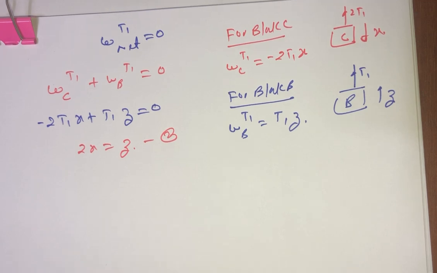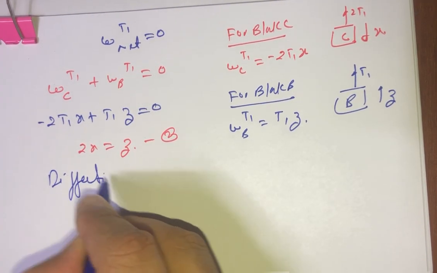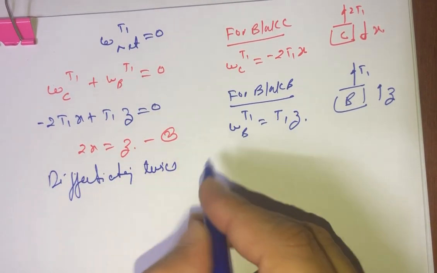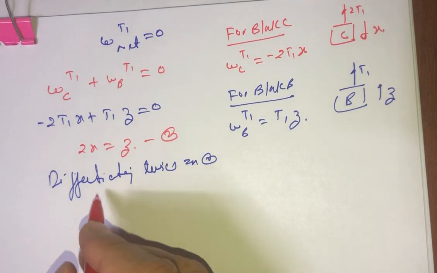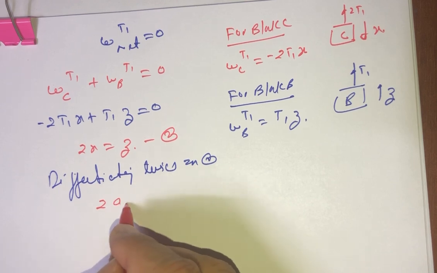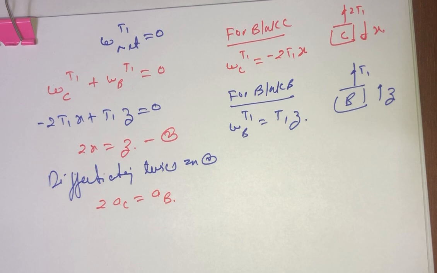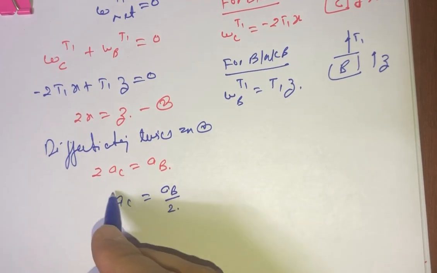Double differentiating equation 2, we get 2 times acceleration of C is equal to acceleration of B. Okay, from here we can write acceleration of C is equal to acceleration of B divided by 2.